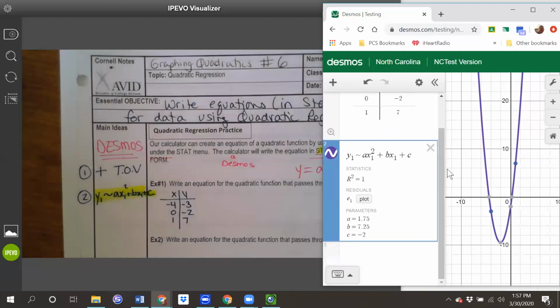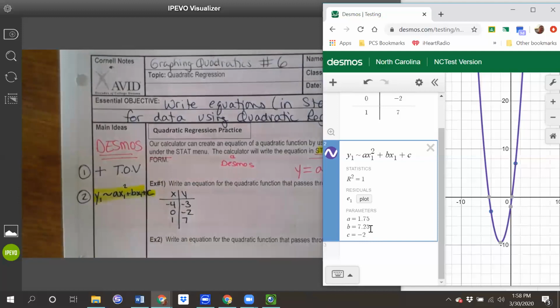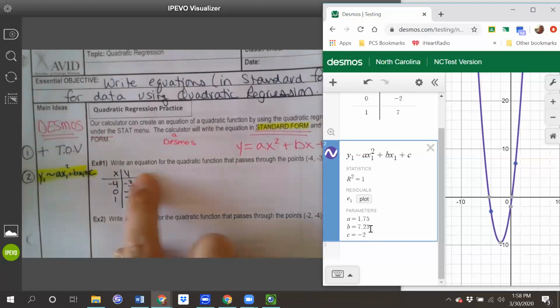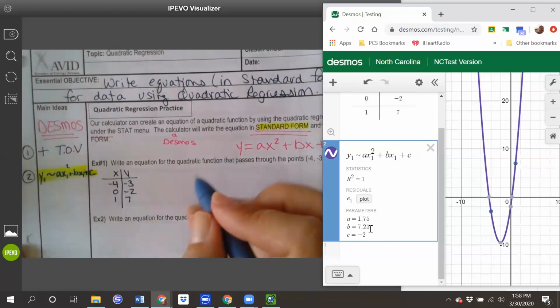Now what that has done is given me the A, B, and C, so the value that should go here, here, and here. That has given me the A, B, and C values I need to write my equation. So I'm going to write an equation for the quadratic formula.